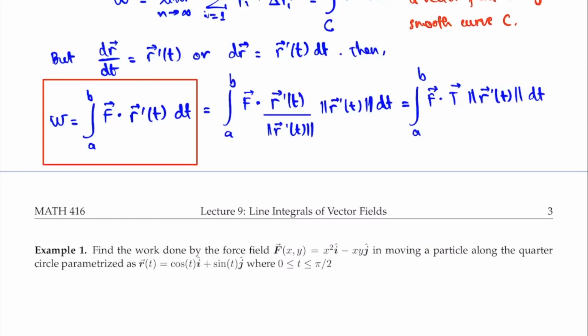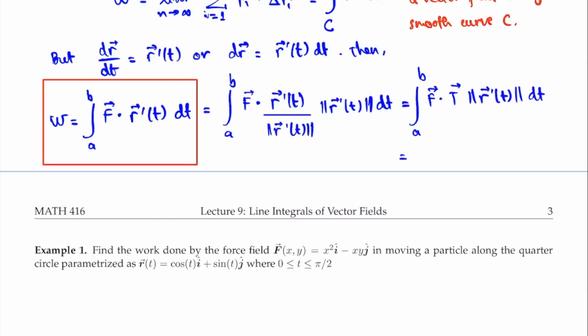Okay, so this is the mess that I'm talking about. We're going to replace this as ds. And when we replace the parameter with ds, that means it depends on the arc length. When it depends on the arc length, it is no longer the definite integral, but just the line integral along the curve C. You with me on that idea?